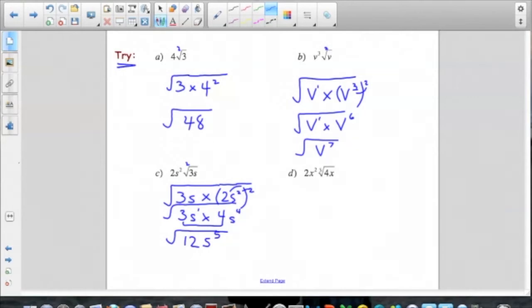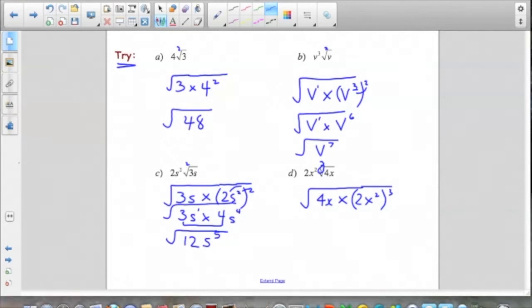Okay, so let's try one. Now we have a different index. We can see there's a 3 there. So we have an index of 3. All right, so take the radicand, multiply it by the coefficient, and now it's to the index, and now we have a 3. So let's just do some tidying up.